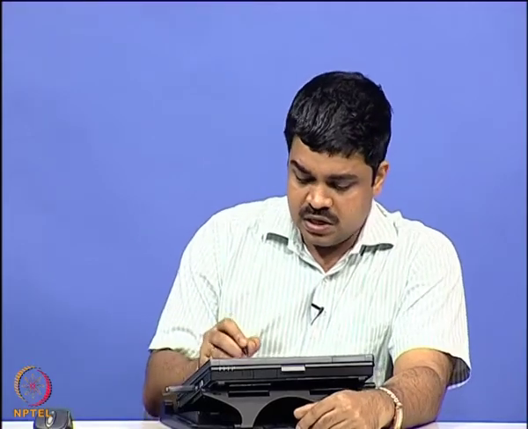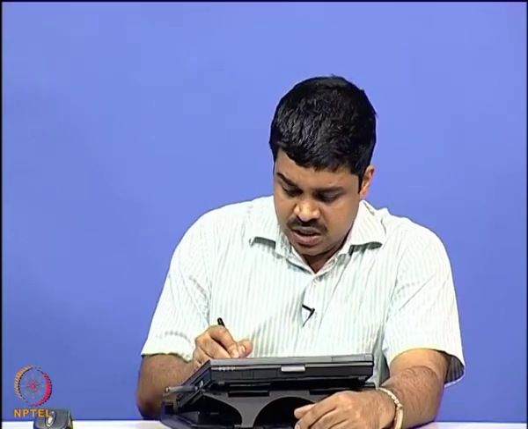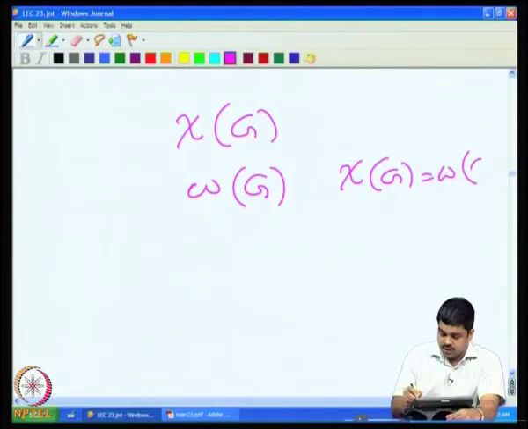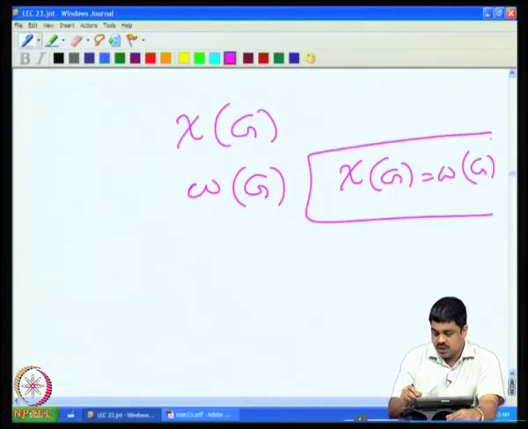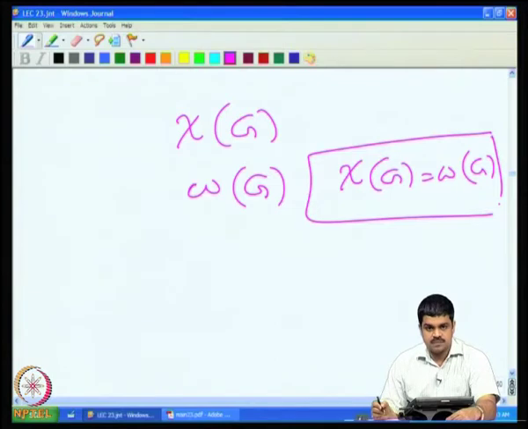So, an induced subgraph of an interval graph is again an interval graph. So, we just have to show that chi of G is equal to omega of G if G is an interval graph, and that will show that they are perfect graphs, right.